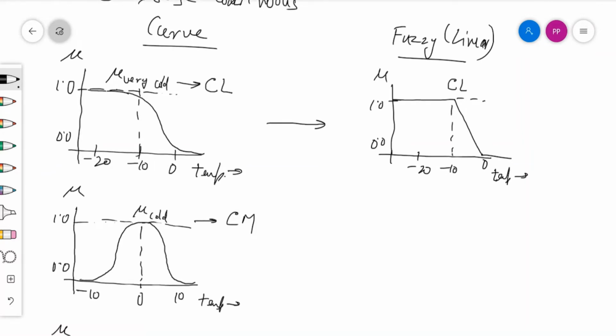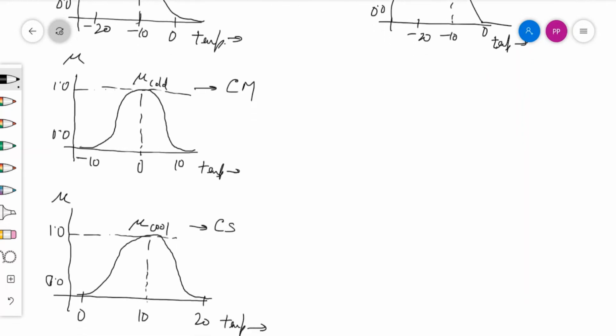So let us draw the fuzzy plot for the second one. So this is your membership function on y-axis. So mu, this is 1.0. So once you go for it, we can see that this shape is actually a triangular shape.